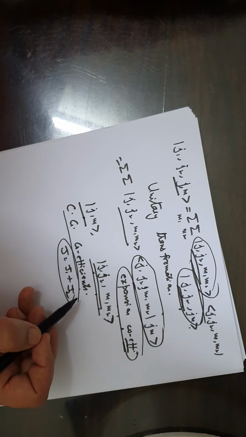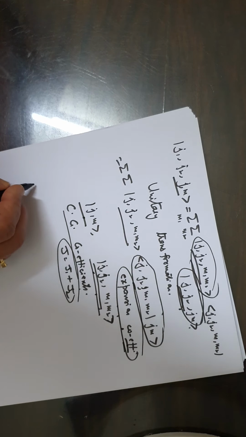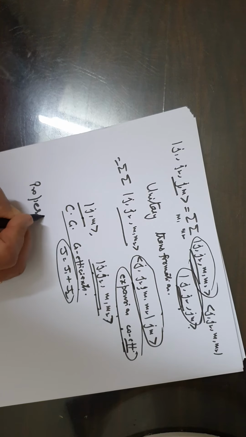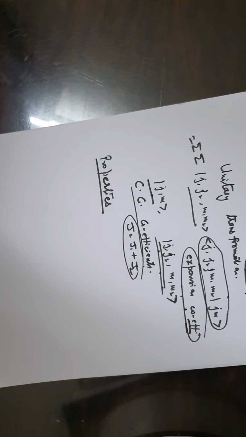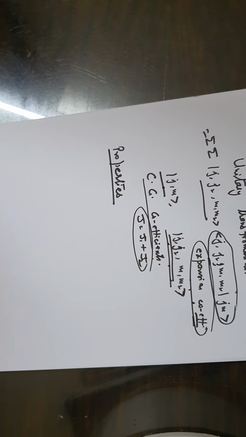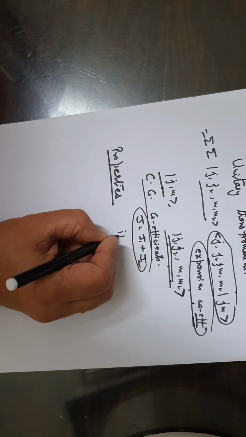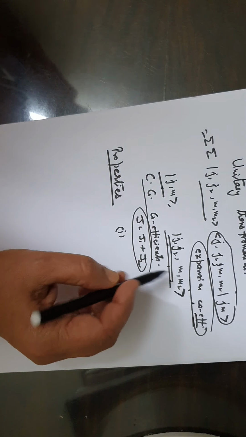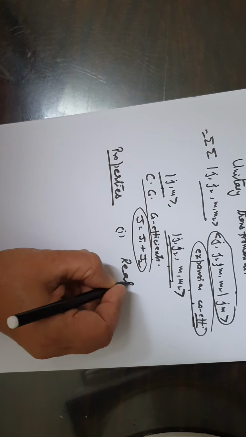Let's see what the properties of these CG coefficients are. The first property is that we consider these CG coefficients, these expansion coefficients, to be real.